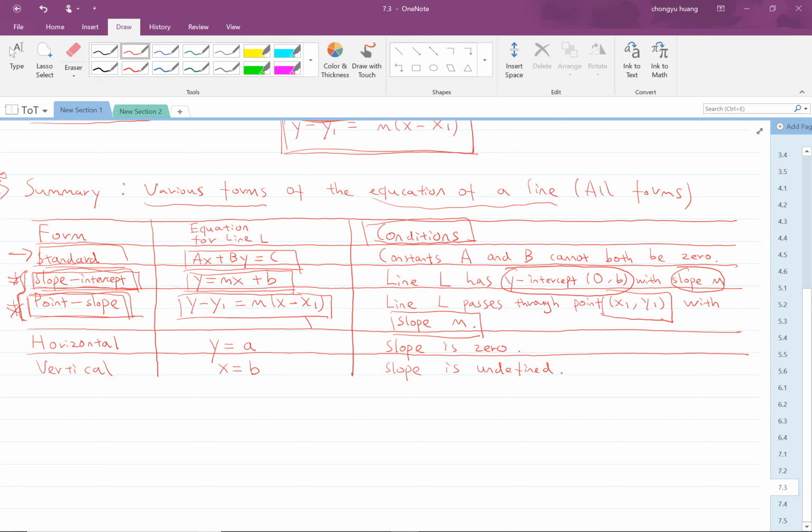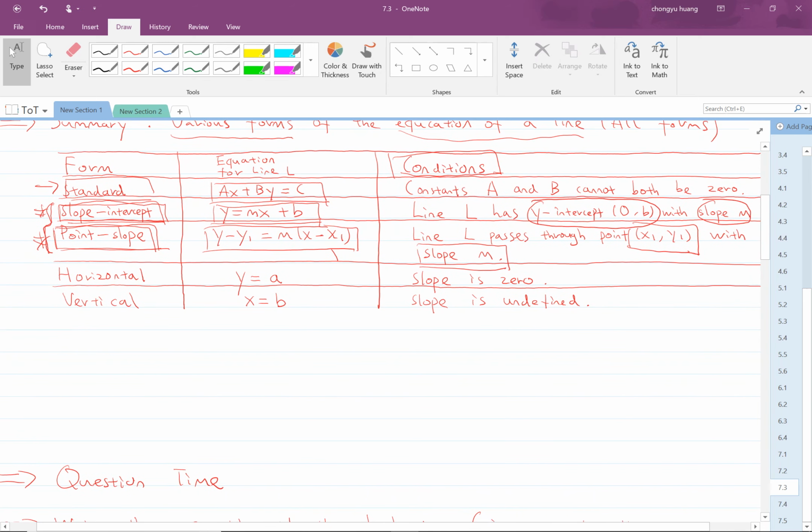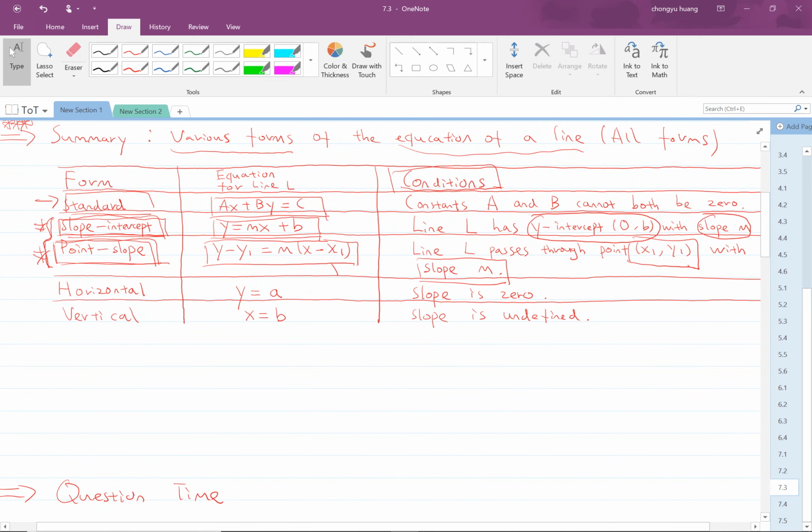Okay, let me actually write it down. So let's talk about the slope-intercept, and as I said before, the point-slope.